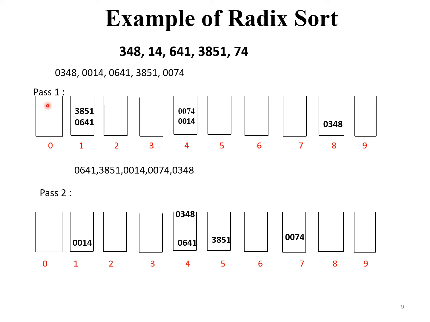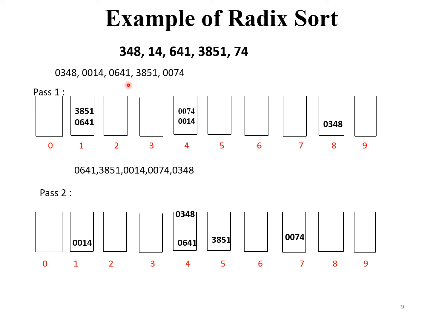So start from pass 1. First number is 348. The least significant digit is 8, meaning the last number is 8. That's why we put this number in the 8th bucket. Next number is 0014. The least significant digit is 4, so we put this number in the 4th bucket. Next is 0641.